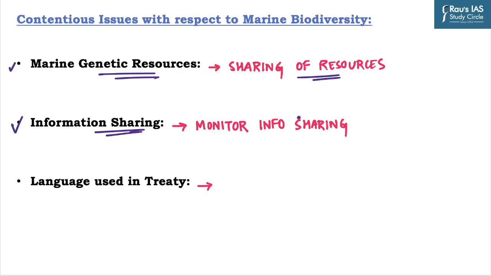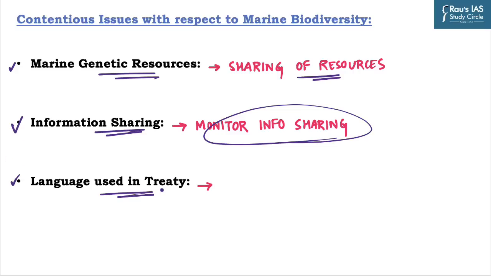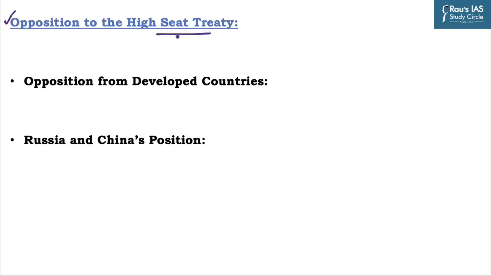The absence of a provision to monitor the information sharing was debated, and some parties proposed a licensing scheme for monitoring, while others were of the view that it will create a hindrance to bioprospecting research. And the last one is the language used in the treaty. The use of phrases like promote or ensure, particularly regarding the sharing of benefits from marine genetic resources, led to disagreement among parties.